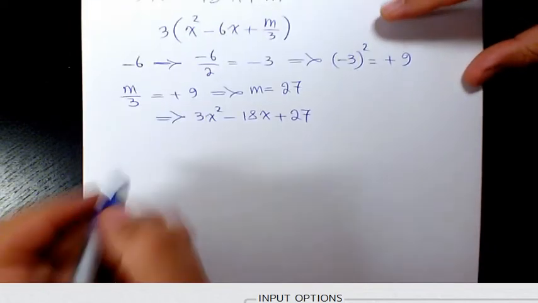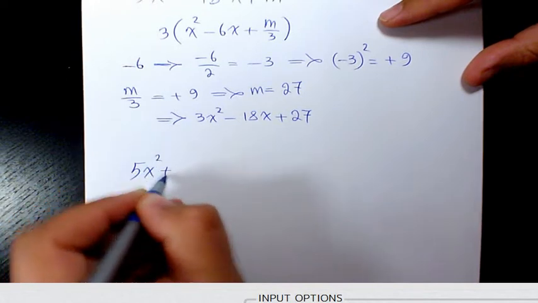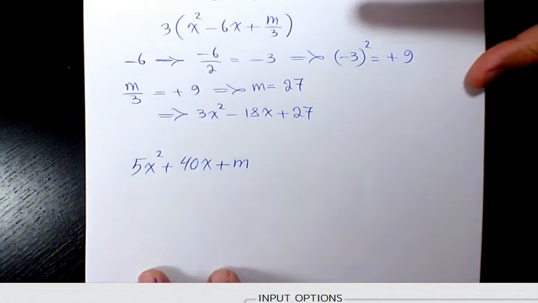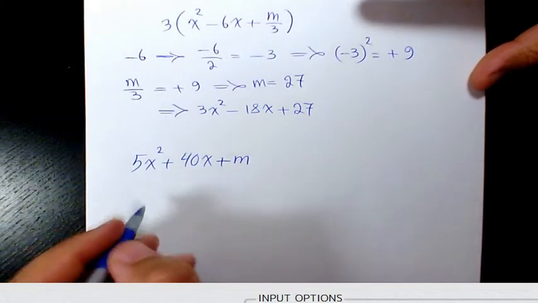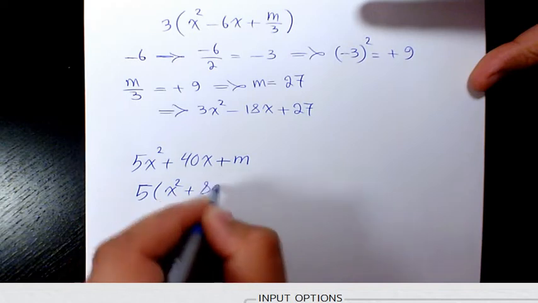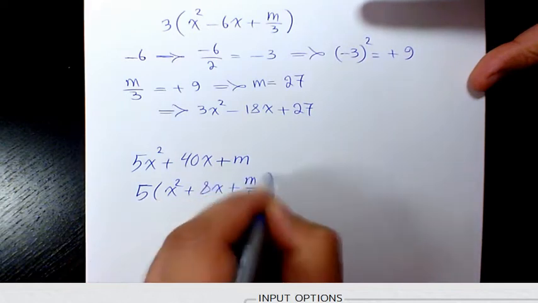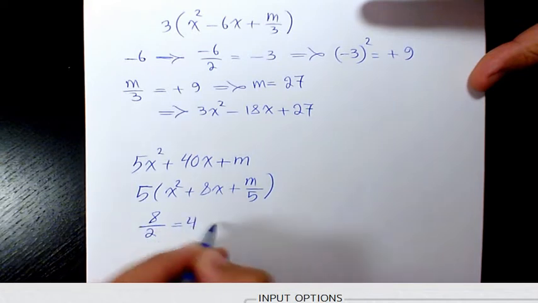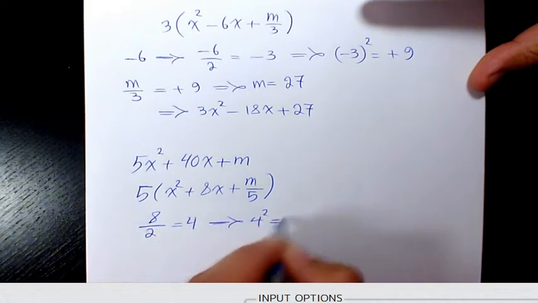Another example. 5x squared plus 40x plus m. In this case, we factor 5: x squared plus 8x plus m over 5. So 8 divided by 2 is going to be 4. 4 squared is going to be 16.